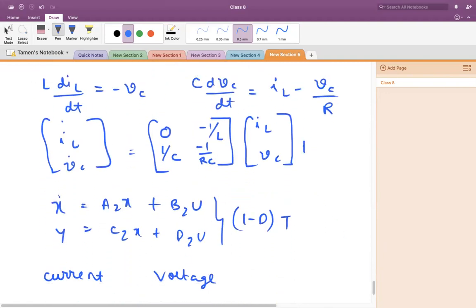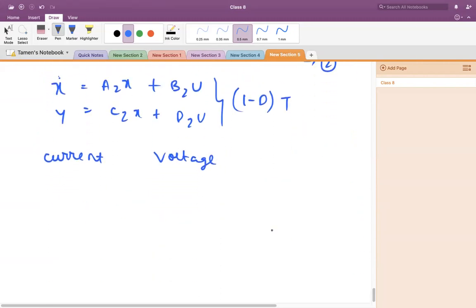Sorry, one more thing I forgot. What will be, in terms of the input VG, dIL by dt? It will be 0. In terms of VC, dVC by dt? 0. So this I'll write as equation number 2.